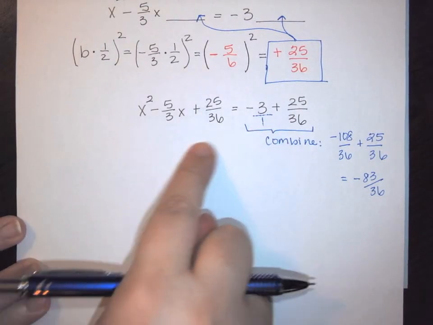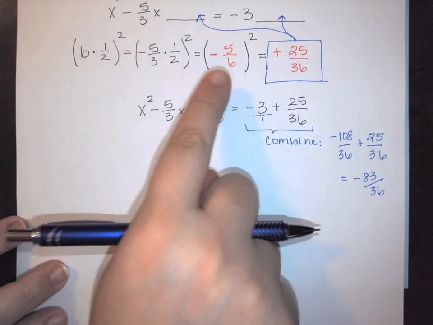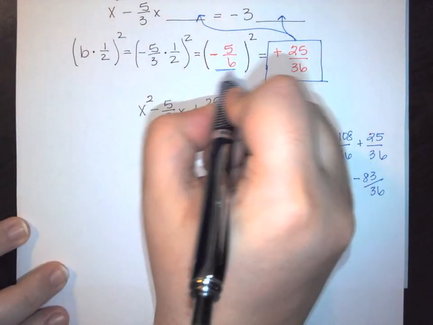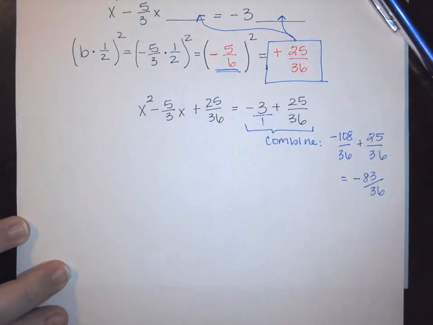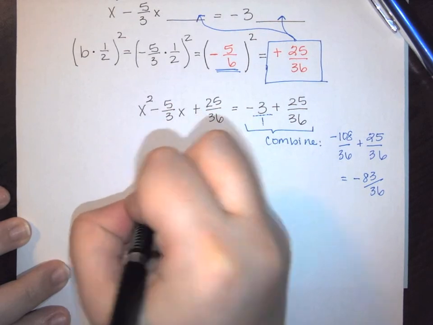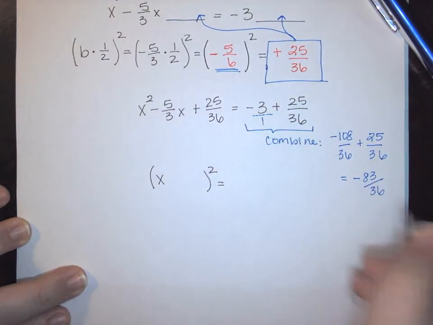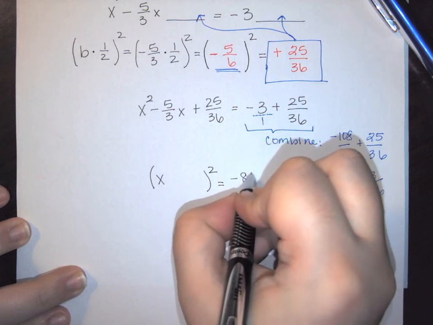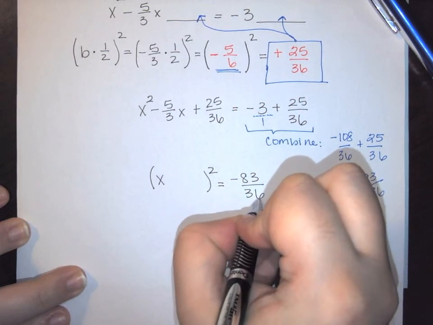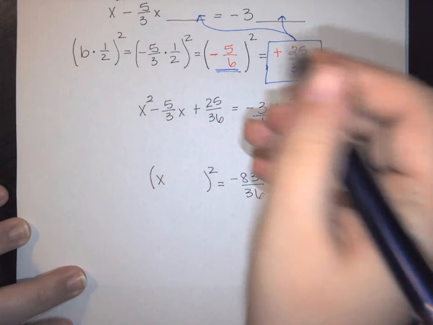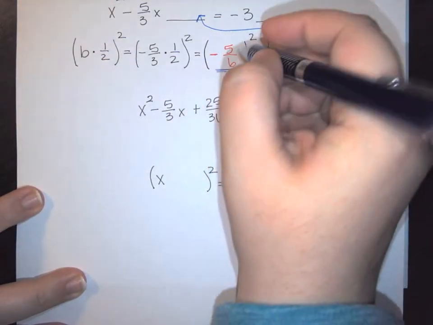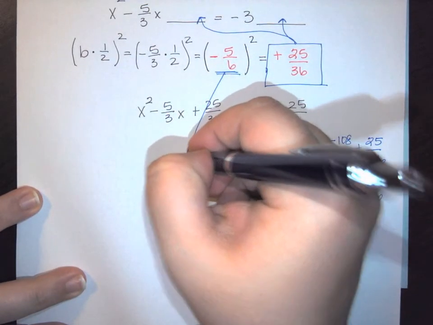Okay. Now my perfect square is going to come from this piece in here. So again, if you remember, we would have x squared is equal to the -83/36. So in this case, this -5/6 is what's going to come straight down here.